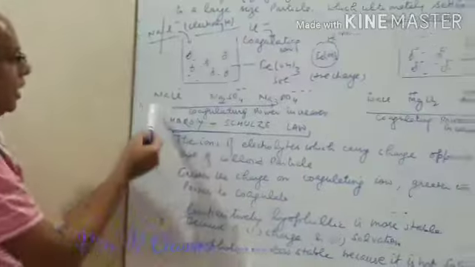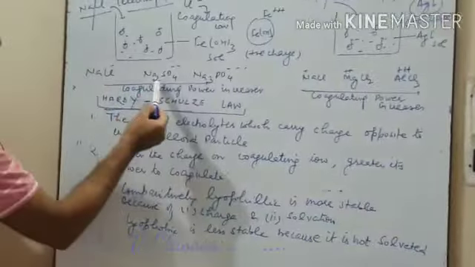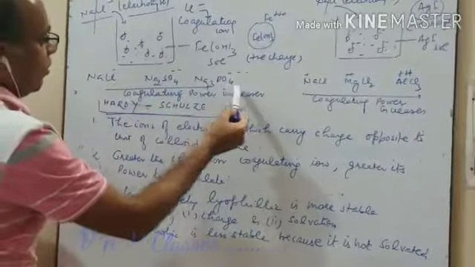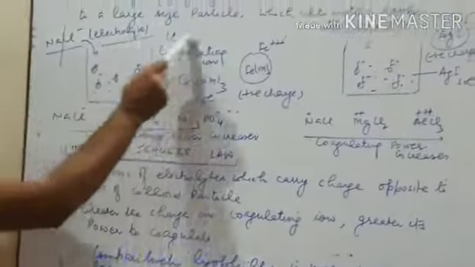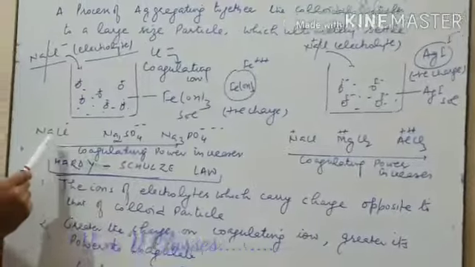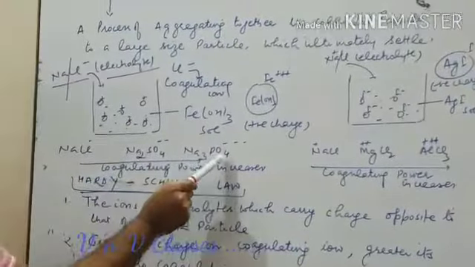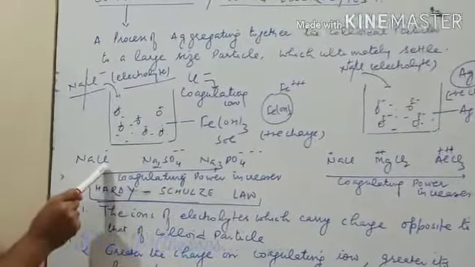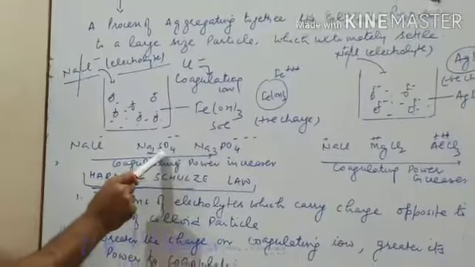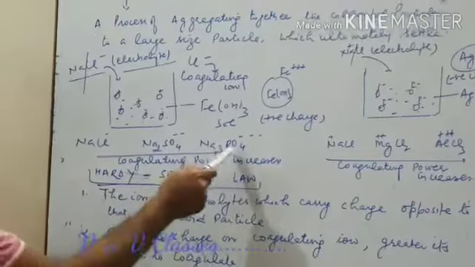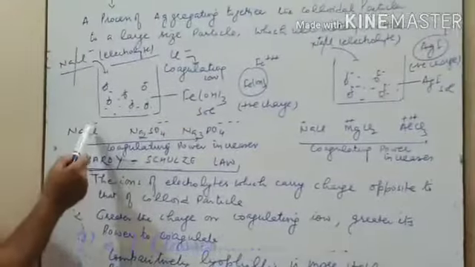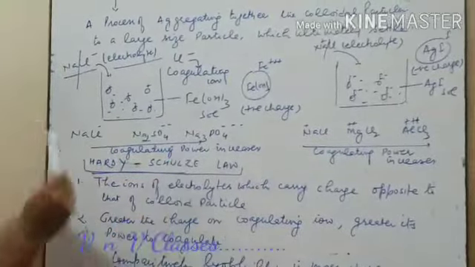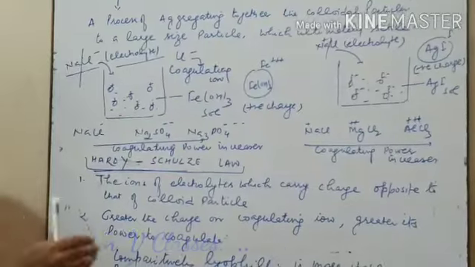You see, here we have NaCl, we have Na2SO4, we have Na3PO4. So for this coagulation of ferric hydroxide, here the negative ion will cause coagulation. So in comparison to Cl negative, SO4 dinegative has double charge and PO4 has triple negative charge. So it's very clear, more negative charge, more will be its coagulating power.